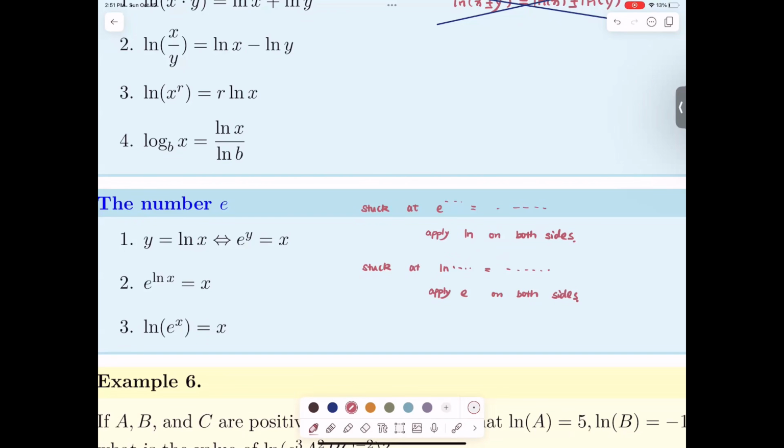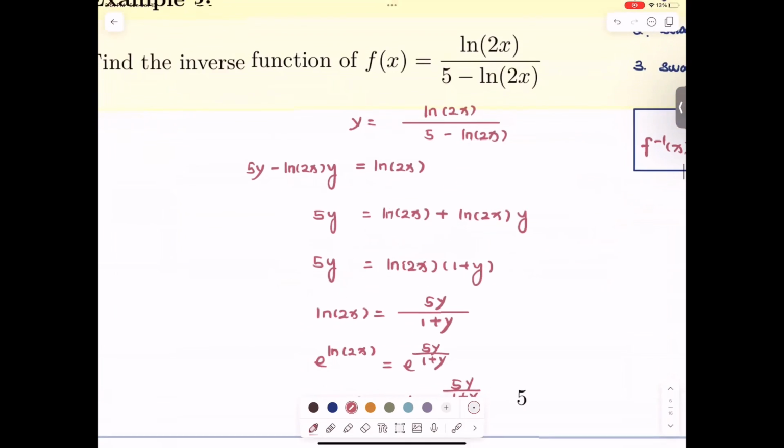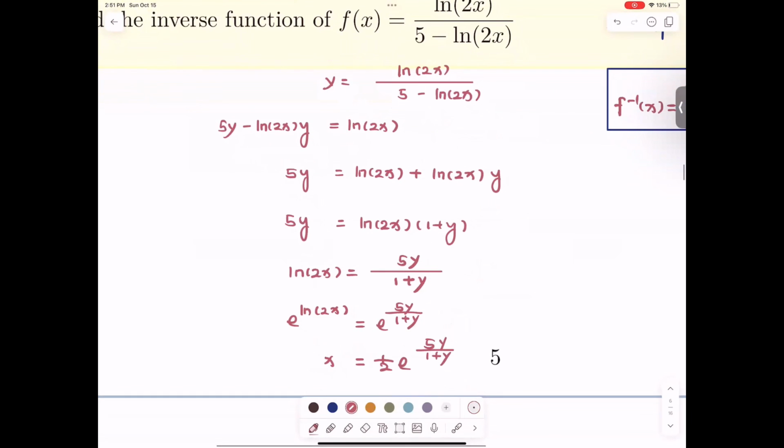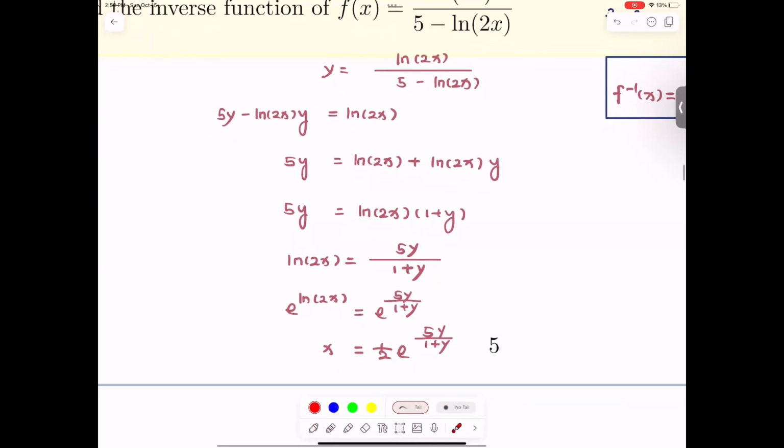Okay, I don't have example here, but maybe this is an example. Like for example, here we're pretty much stuck here. Like e to the 2x equals to this. There's nothing else you can do. That's why I applied e here. So similarly, if you're stuck with e to the power of something equals something, there is nothing else you can do, and you apply ln on both sides of the equation.